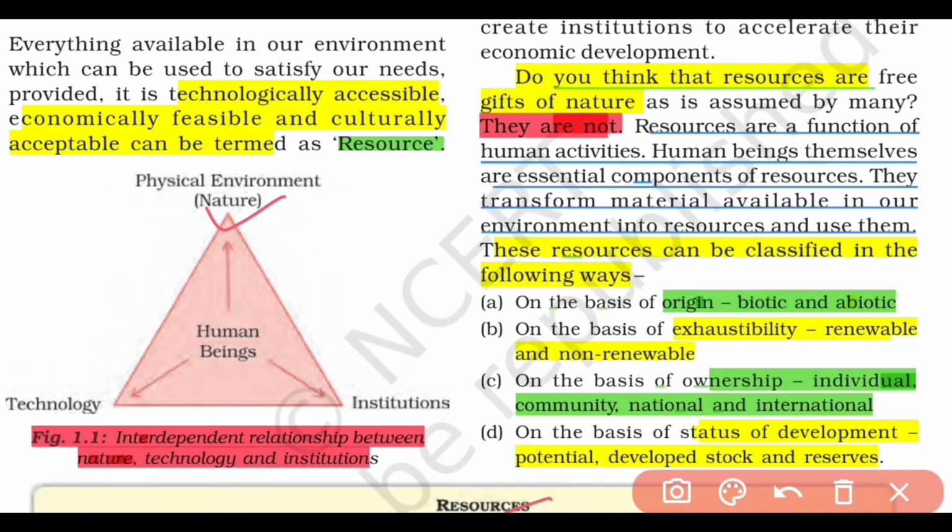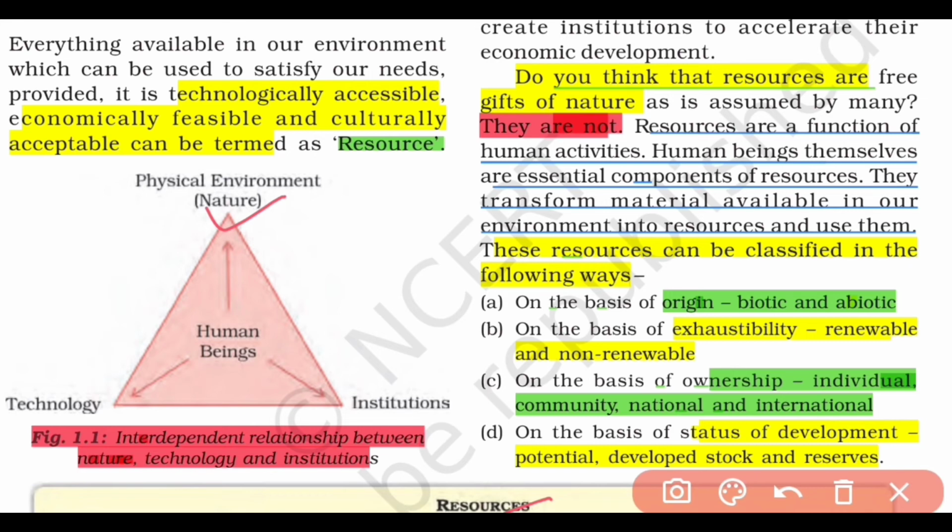Based on exhaustibility, they are classified into renewable and non-renewable. Based on ownership, they are classified into individual resources. Second one, community resources. Third one, national resources. Fourth one, international resources.